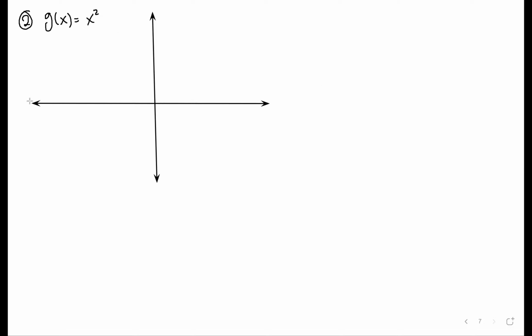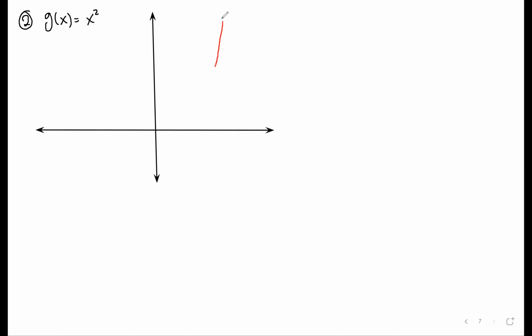U, this is true. So the graph has a shape like this, U. Parabola, open upward. So this is the graph for g of x.